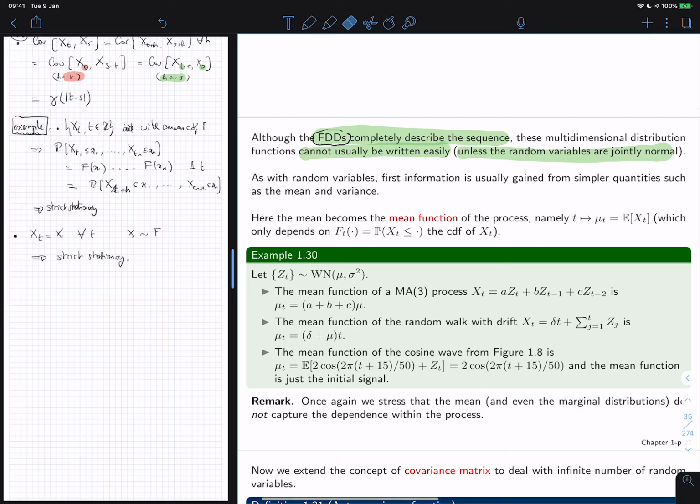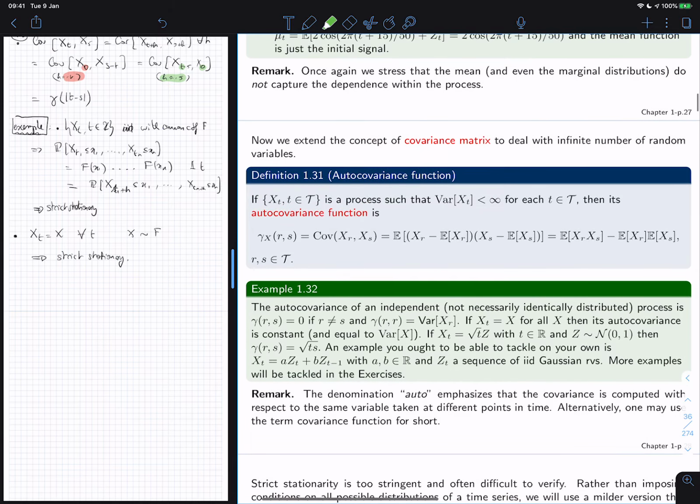So what do you do when you don't have access to the complete distribution? Well, you summarize it. And what do you summarize it with? The first order approximations of your distribution are the mean and the variance, of course, at least for random variables. Because we have a process, the first approximations will be the mean function and the covariance function.